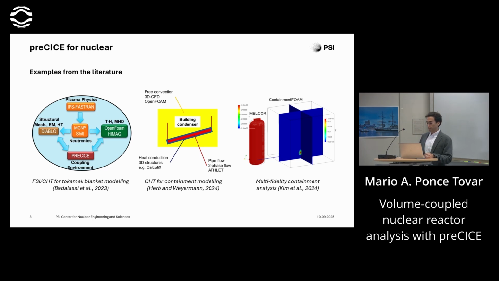And also, a bit more recently, people have been using it for analysis inside the containment structure of a nuclear reactor, mainly for analyzing conjugate heat transfer or understanding the dispersion of radionuclides. But as far as I could tell, there was no concrete example of people doing high-resolution volume coupling within this field, so it's something that needed to be tested still.